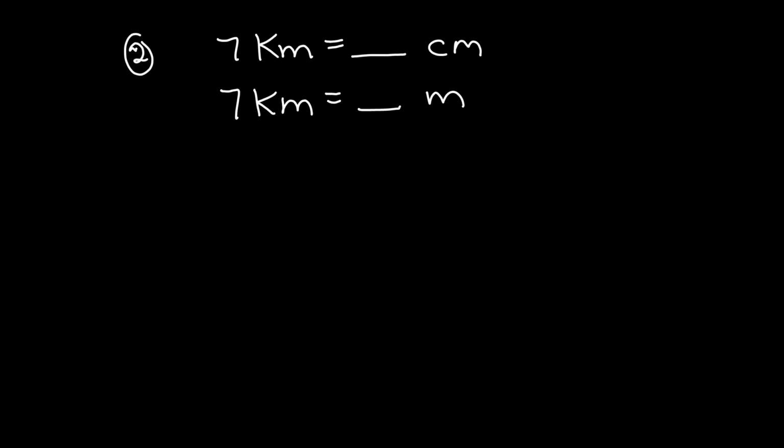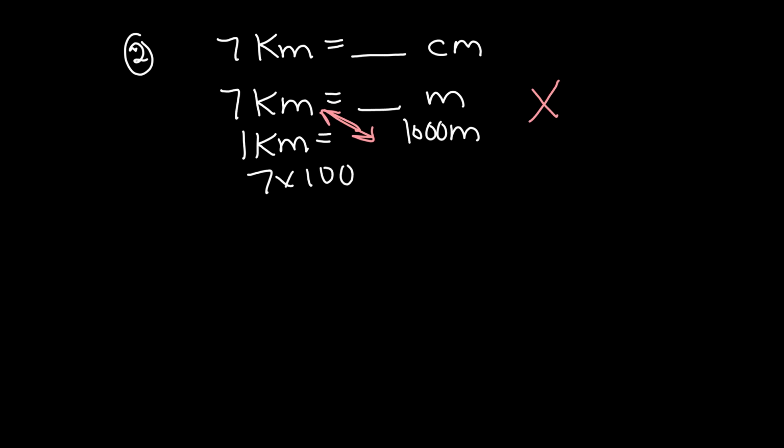So I know that 1 kilometer is equal to 1,000 meters. Looking at my numbers, I see that they are diagonal. That means we're multiplying. So 7 times 1,000. This gives me 7,000. And that is in meters.